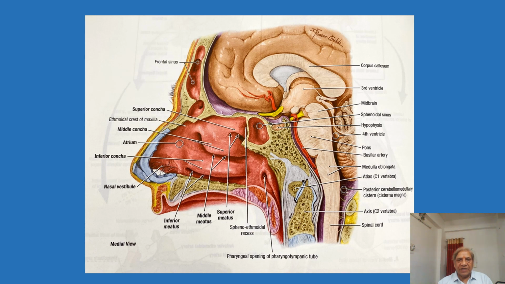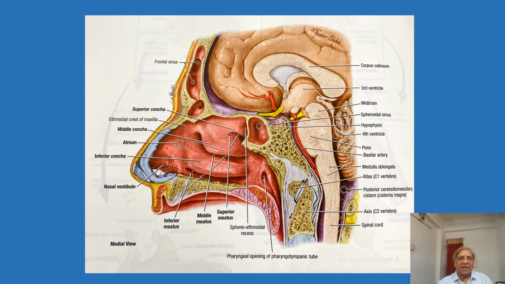Just see this diagram. This is the nasal cavity covered by the mucous membrane. Here the bones are covered by mucous membrane. Here is the frontal bone showing the frontal air sinus. This is the sphenoid bone showing the sphenoidal air sinus, and here is the anterior nasal opening.